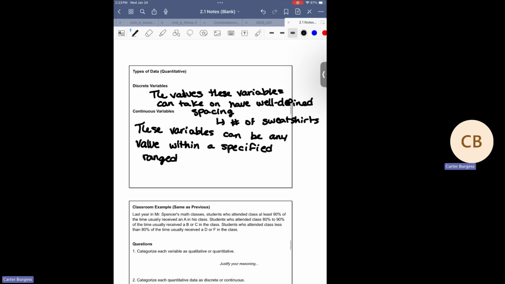If I tell you that the smallest height is 4'11" and the tallest height is 6'5", and I give you a student's height, you probably wouldn't find many people who are 5'5" on the dot, or 5'8" on the dot. There's a little bit of variance there. There's a little bit of error. There's going to be some fractional values involved, and there's no reason why someone couldn't be any particular height within that given interval.